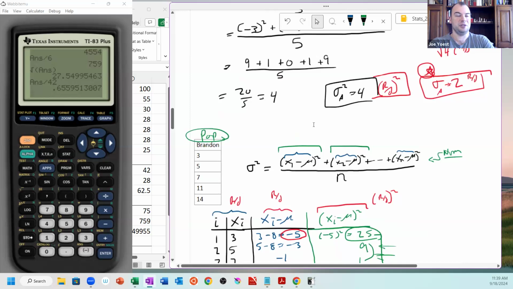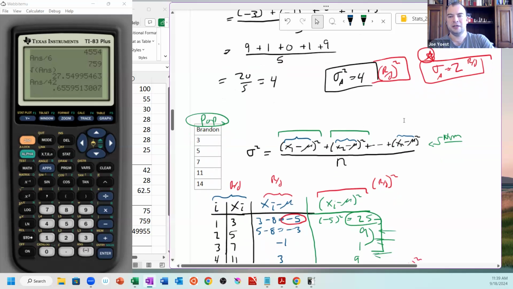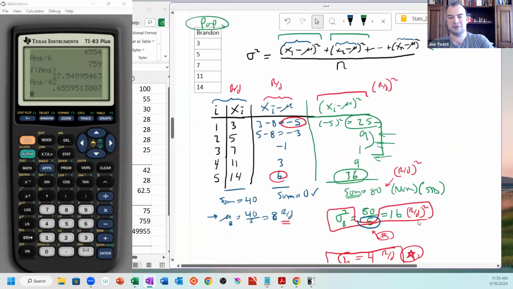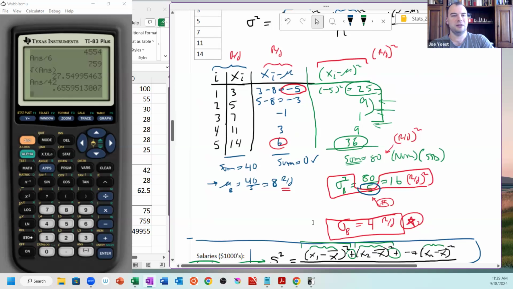Because they have a similar context, their size is similar, and they have the same unit, I can look at 2 returns per day for Ashley versus 4 returns per day for Brandon. That's a sensible unit. It's the same context. Brandon's data is about twice as variable as Ashley's.